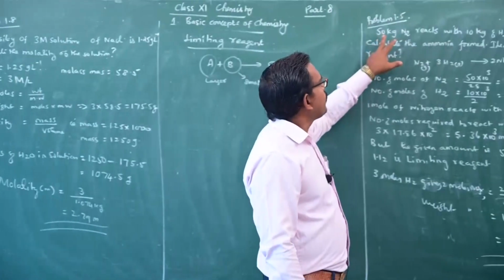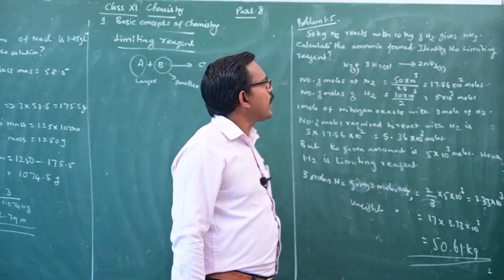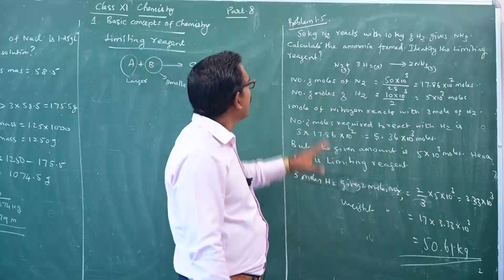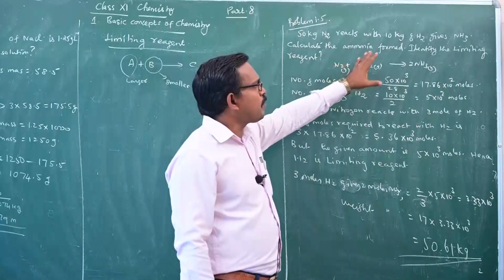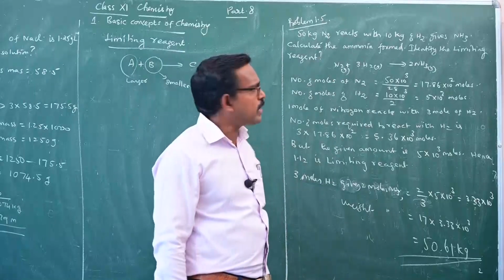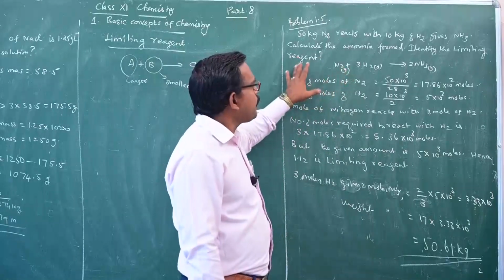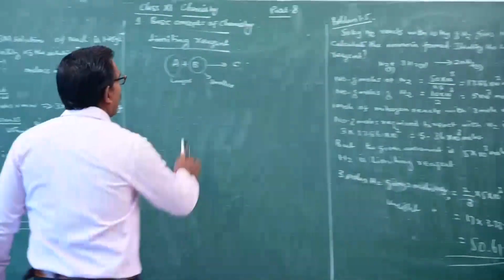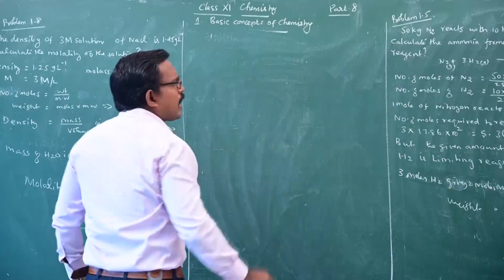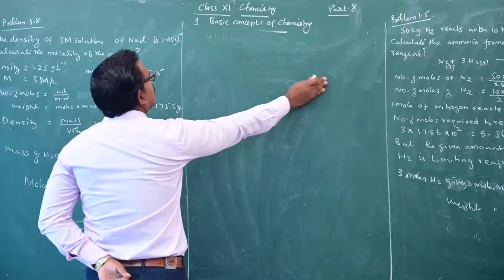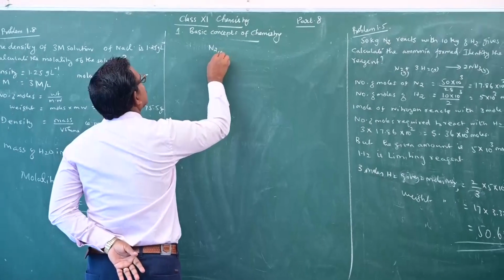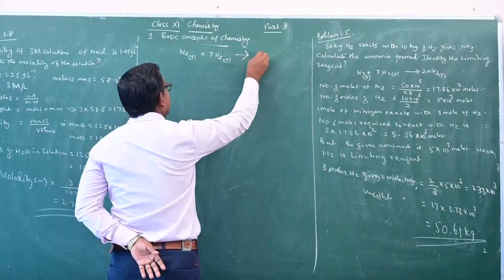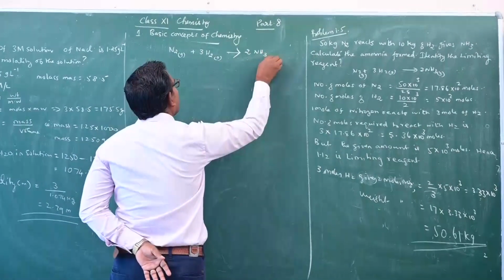Listen: 50 kilogram of nitrogen reacts with 10 kilogram of hydrogen to give ammonia. Calculate the amount of ammonia formed at the end of the reaction and identify the limiting reagent of this process. Normally the reaction is written like this: 1 mole of nitrogen gas reacts with 3 moles of hydrogen gas to give 2 moles of ammonia gas.